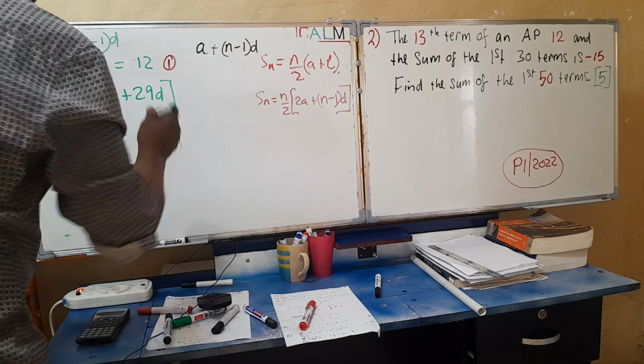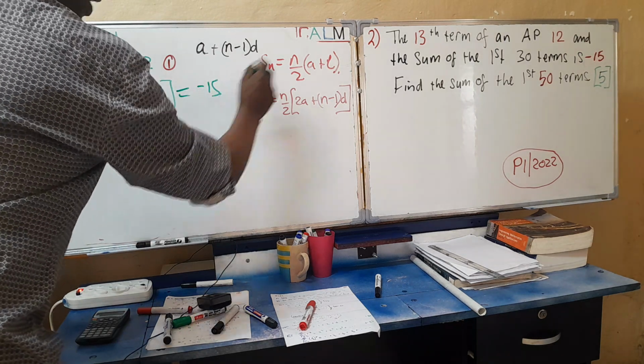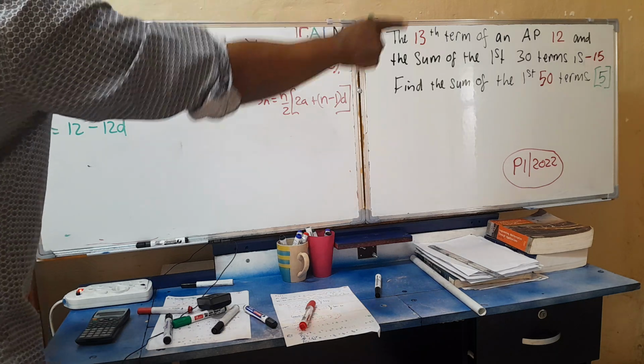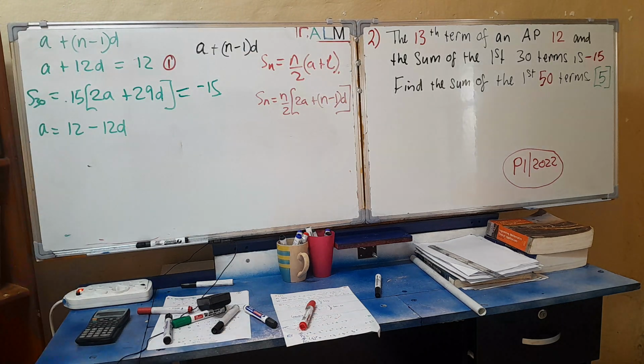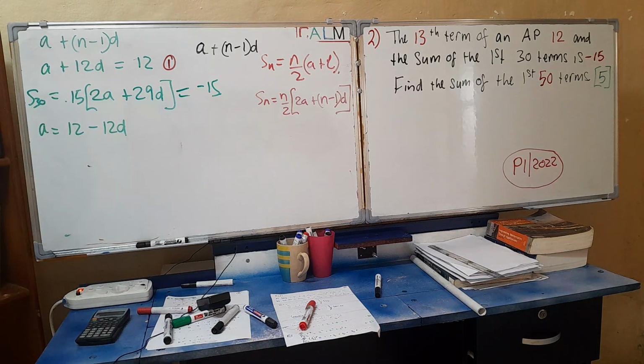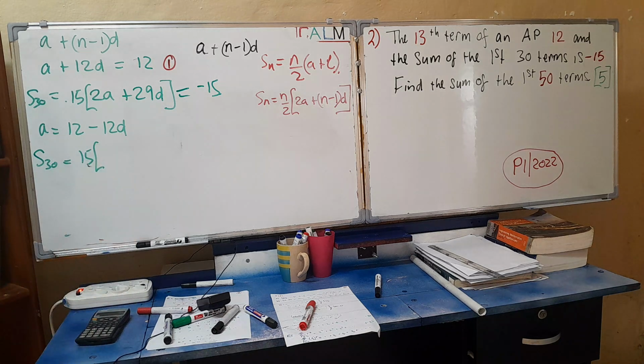This is equal to minus 15. That's what we are told. The sum of the first 30 terms is minus 15. So that's what we have here. Now I am going to substitute this for a. So we have S30 is equal to 15, big bracket, 2.